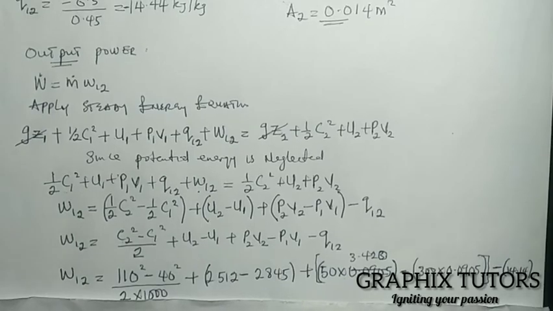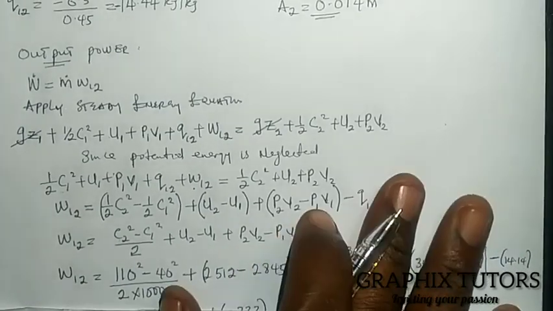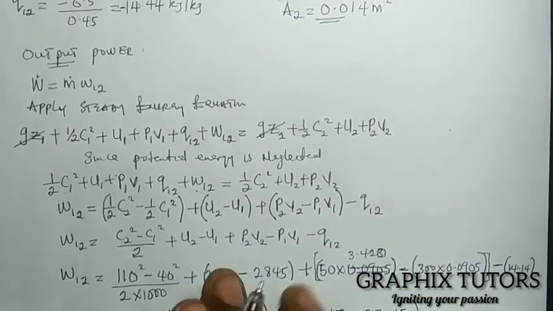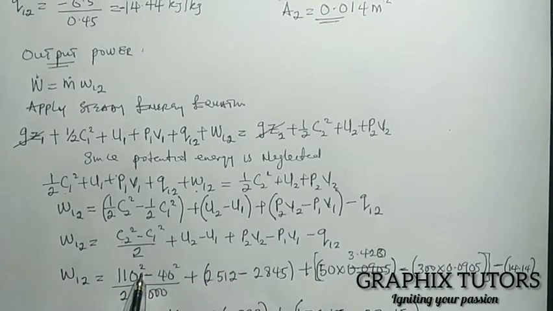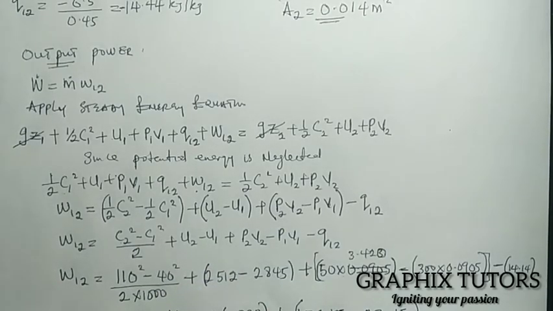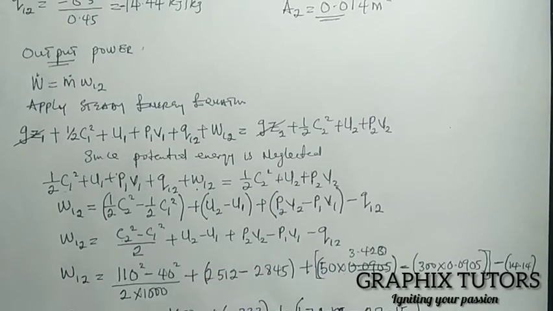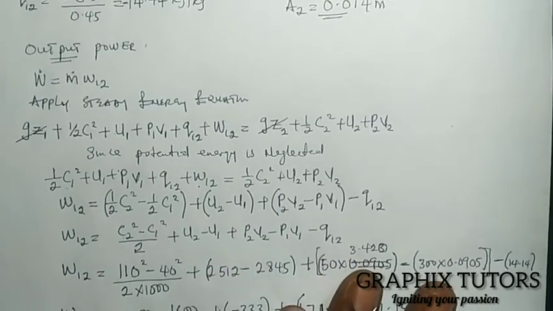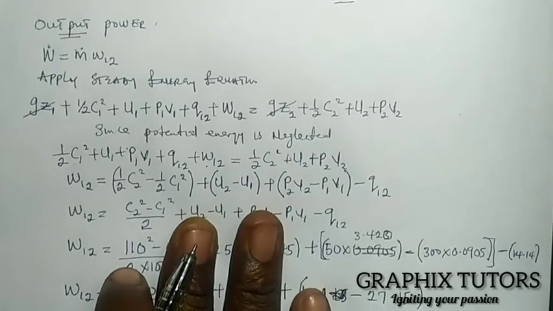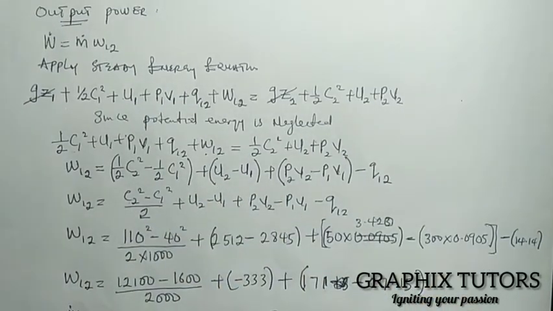So if we continue from here, if you multiply this, 110 square is going to give us 12,100. 40 square is 1600, divided by 2000.